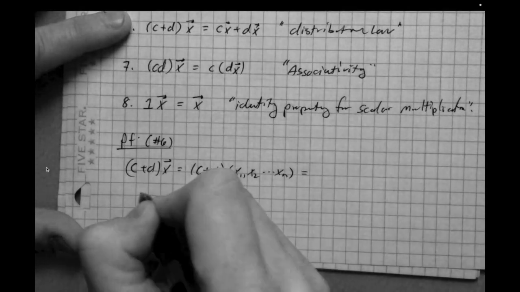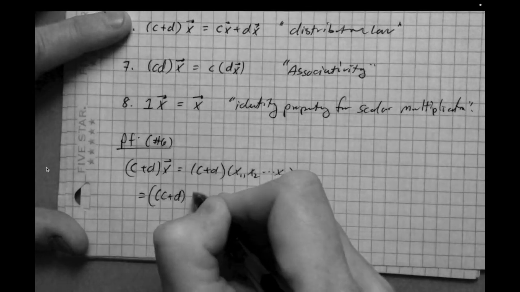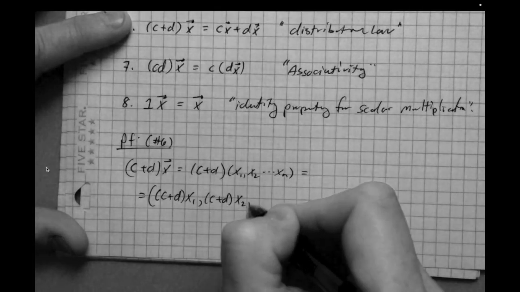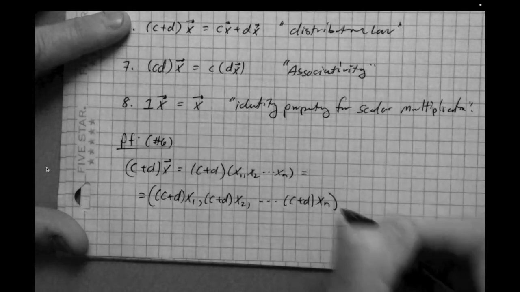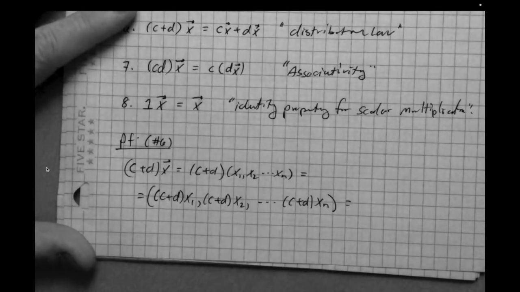And so when I do that, I would have c plus d times x1, c plus d times x2, dot, dot, dot, c plus d times xn, right? So just distributing that scalar through all of the components of the vector.